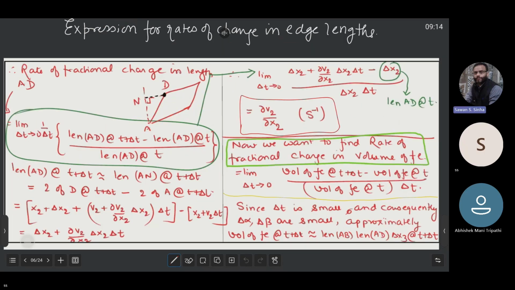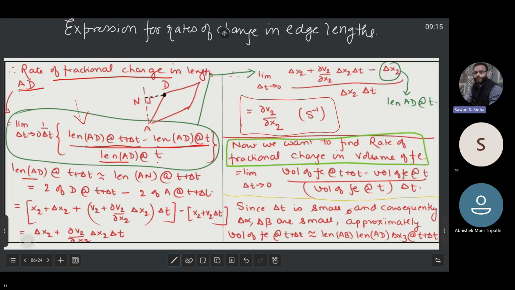So the rate of fractional change in length of AD, this is the way we have defined: length of AD at time t plus delta t minus length of AD at time t, divided by length of AD at time t, times 1 by delta t, in the limit delta t going to 0.